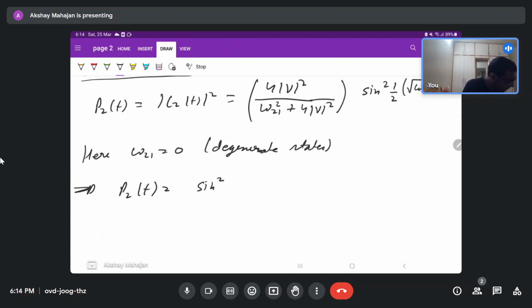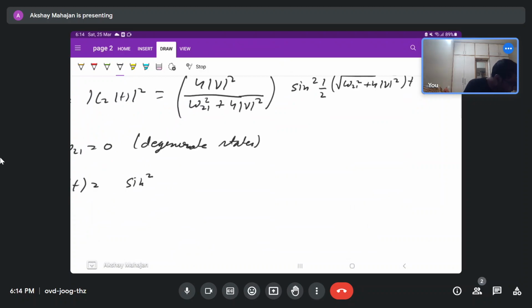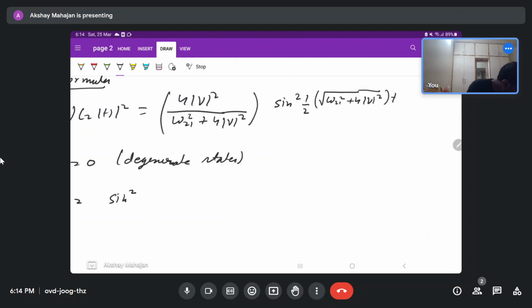For omega 21 equals 0, the 4 mod V squared will cancel out, and we get sine square of mod V times t.